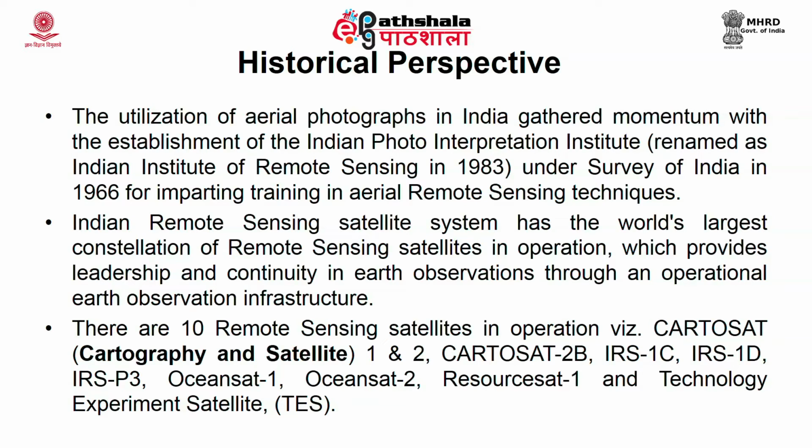The Indian remote sensing satellite system has the world's largest constellation of remote sensing satellites in operation, which provides leadership and continuity in Earth observations through an operational Earth observation infrastructure. Currently, there are almost 10 satellites in operation that include Cartosat 1 and 2, Cartosat 2B, IRS 1C, 1D, P3, OceanSat 1, 2, ResourceSat 1 and Technology Experiment Satellite.